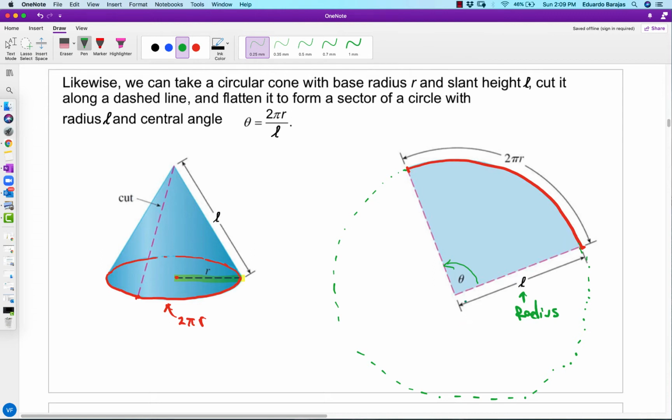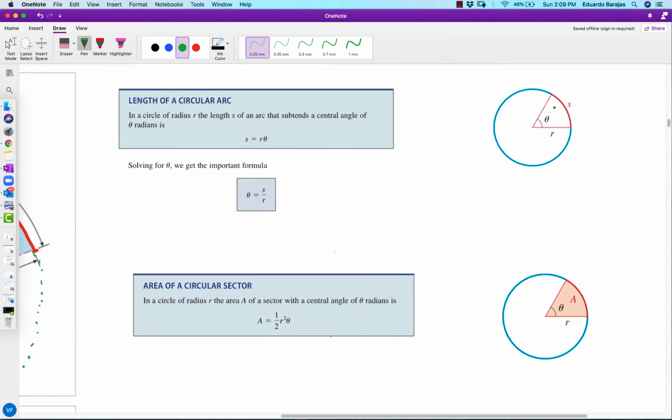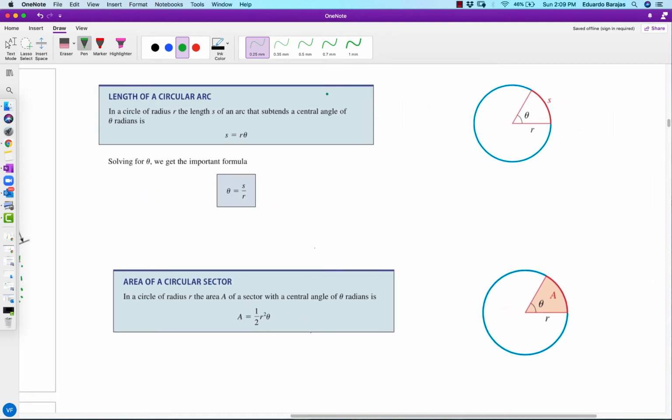Okay? All right, well, let me refresh your memory a little bit about circles, if you recall. A couple of important properties of circles. In a circle of radius r, the length s of the arc that subtends a central angle theta in radians is s equals r theta.